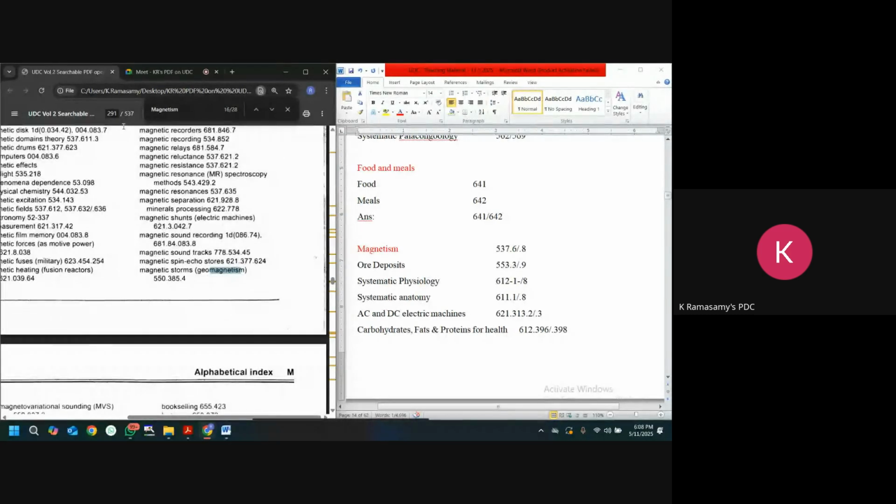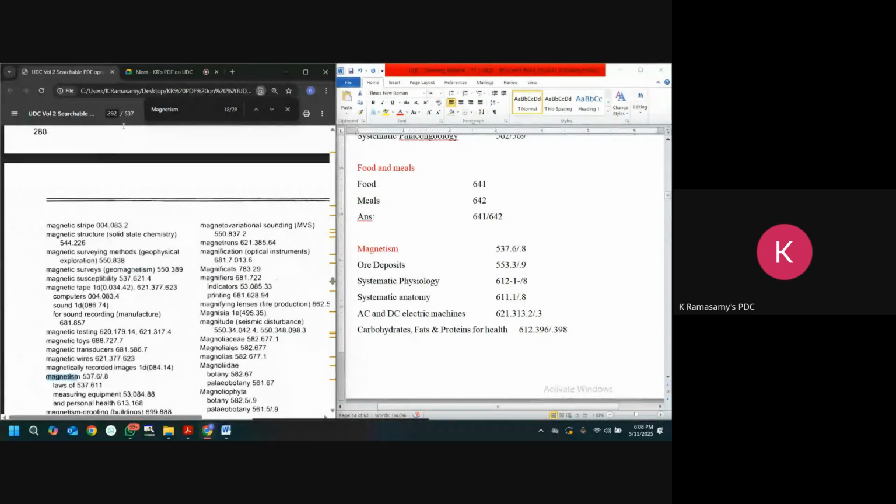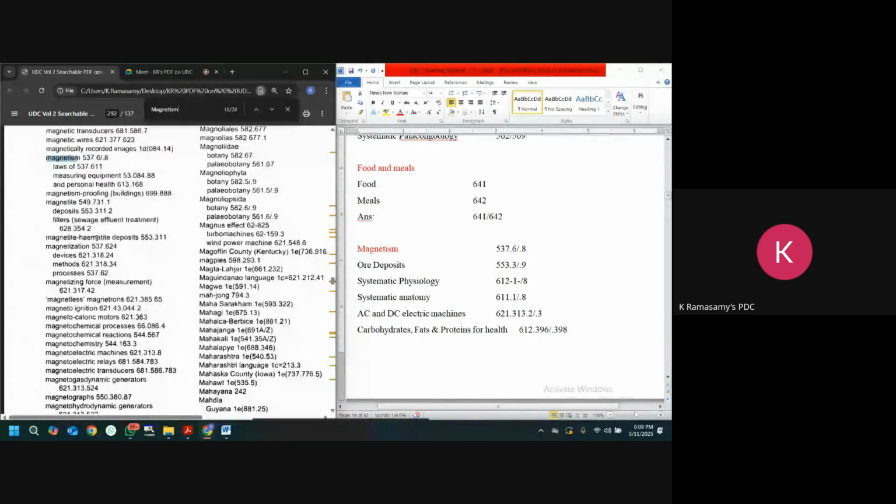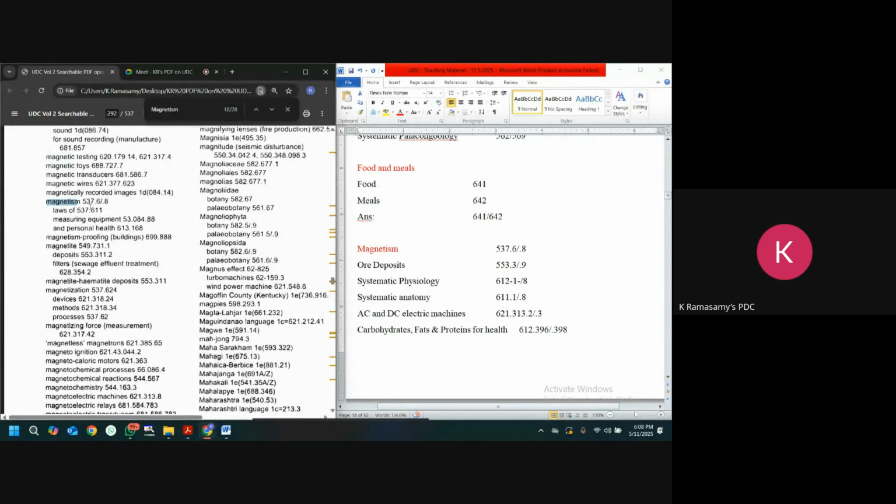Let me search magnetism. You can see here. Magnetism, what is the answer? 537.6/.8. That means it is not the main number, it is subdivisions. 537, 53 is physics. In physics, the number for magnetism is not one number, it is a collection of a few numbers: 537.6, 537.7, 537.8.